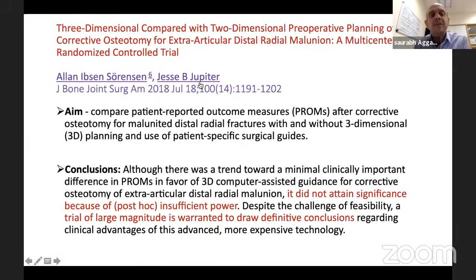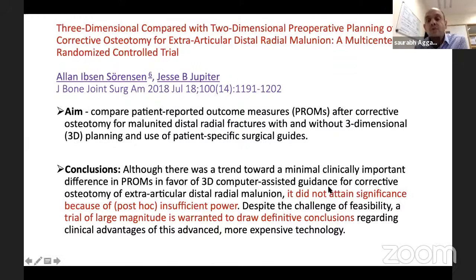Again, another paper from Jesse Jupiter in 2018, and they've done a randomized controlled trial in multiple centers to see patient-reported outcome measures after use of a 3D printed jig versus 2-dimensional planning, which I've just shown you.